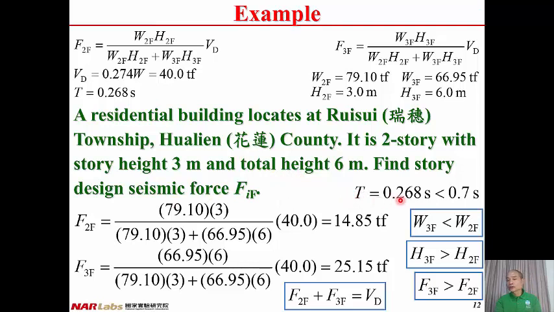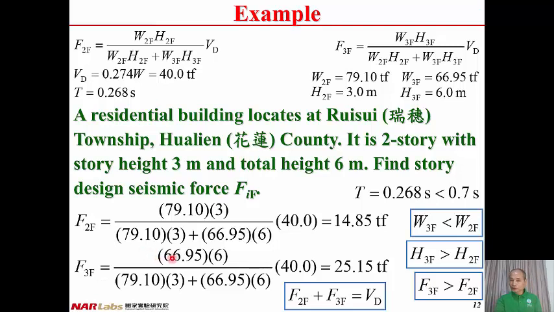Since T equal to 0.268 seconds is less than 0.7 seconds, therefore we can use the formula to determine the story seismic force for the second floor: F2F equals W2F, 79.10, times H2F, 3.0 meter, divided by W2F H2F plus W3F H3F, times Vd. You come up with 14.85 ton force.